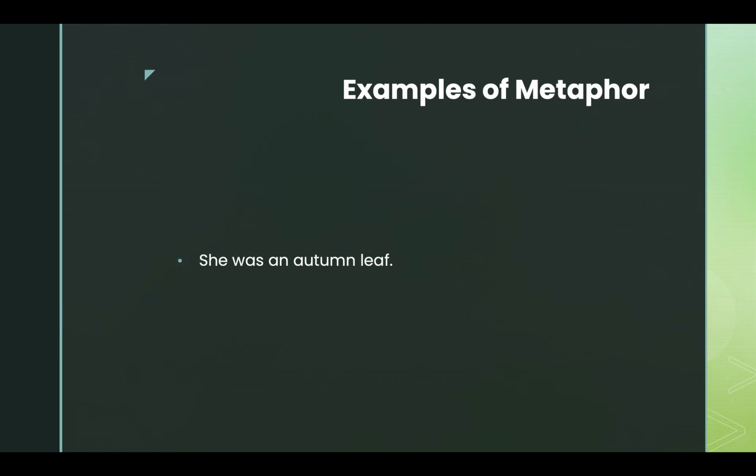She was an autumn leaf. She is being compared to an autumn leaf. Now think about the qualities of an autumn leaf. It is maybe something that is dying. It is maybe something that is dropping off or falling from the tree.